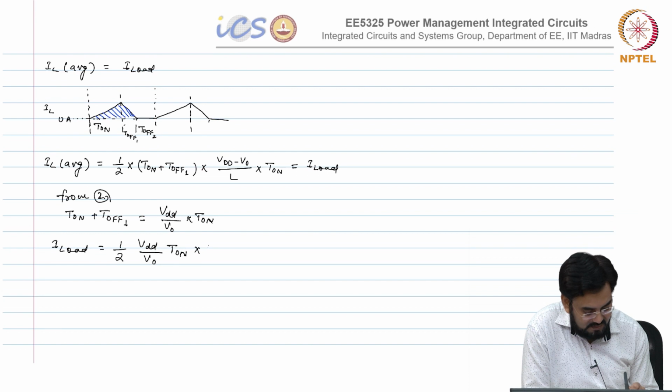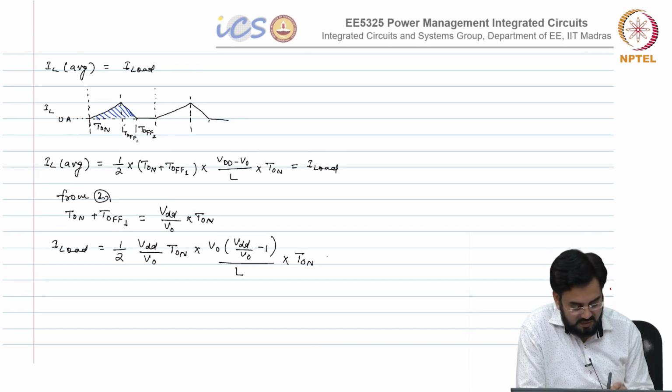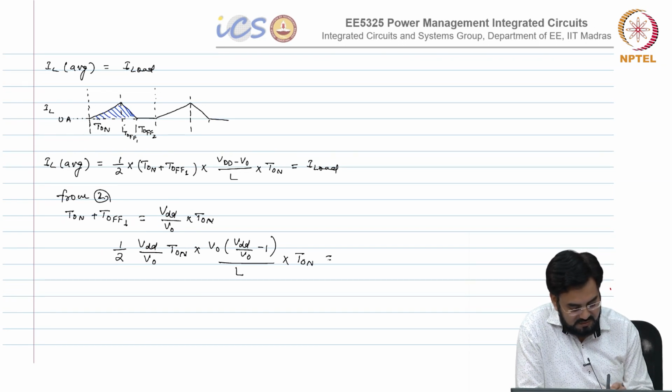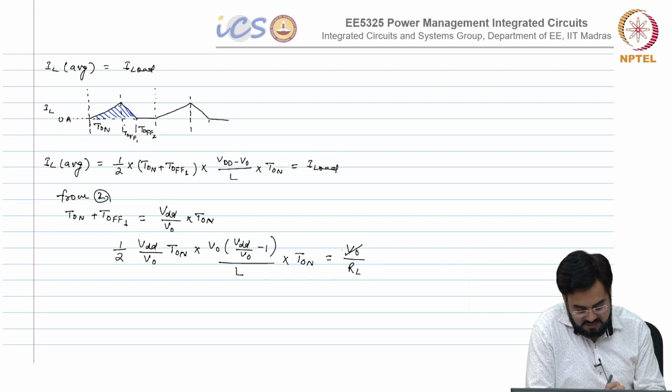Okay, can I write VDD, and what is I_load? Let's write. What is I_load? V_out over R_L. So this will go away.